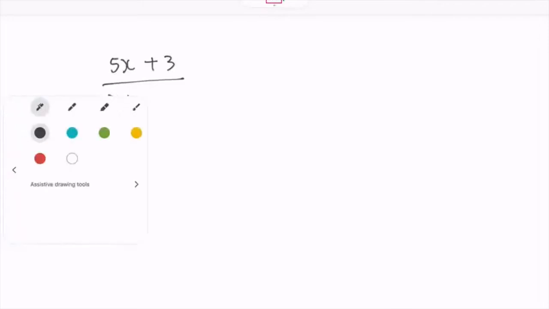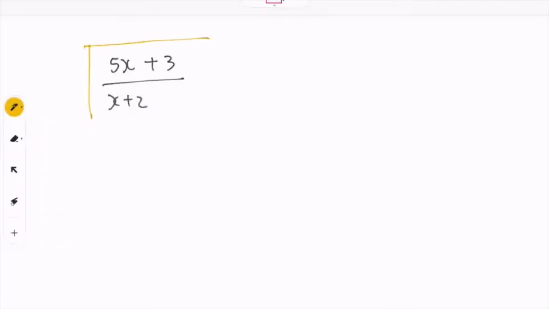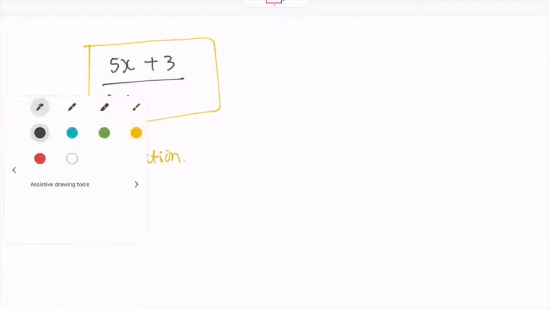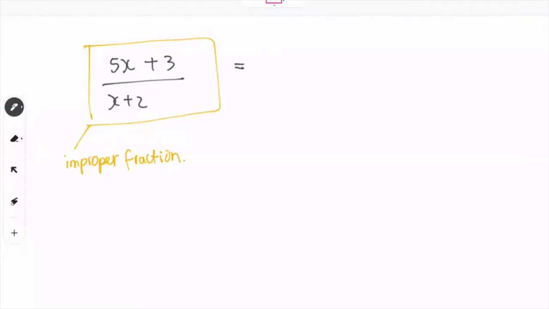I give example on the next page. For example, 5x plus 3 over x plus 2. If you see this type of fraction, this one is called improper fraction.